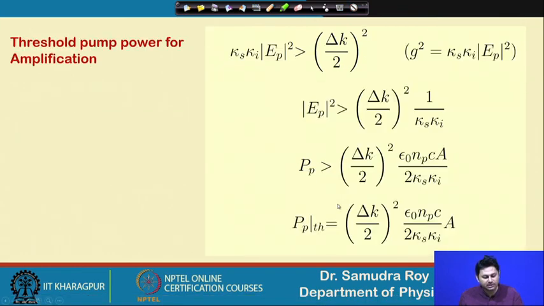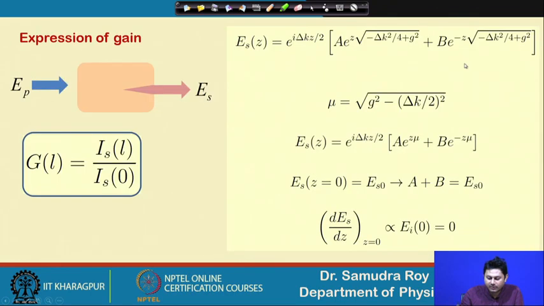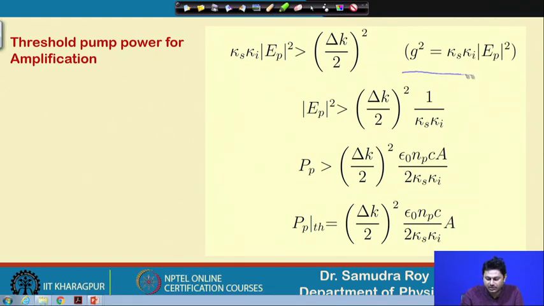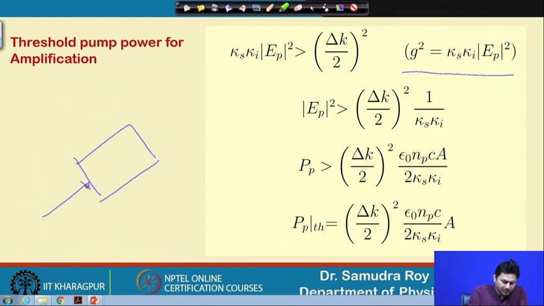This threshold condition we can find out quite easily, because inside g we have the information of the pump. I can use this information of pump to find out, if this is my system, I am launching a pump power and trying to amplify the signal, which is PS.